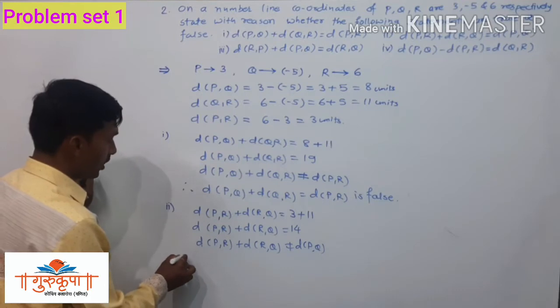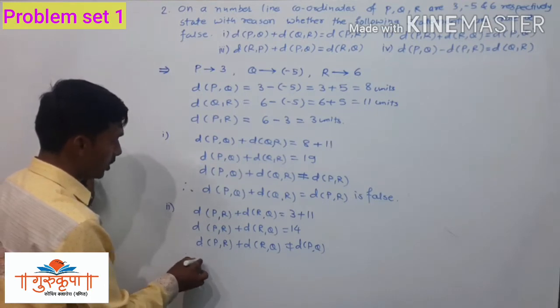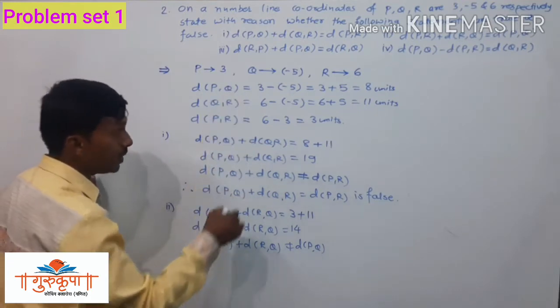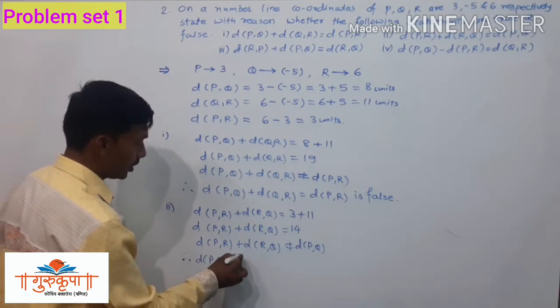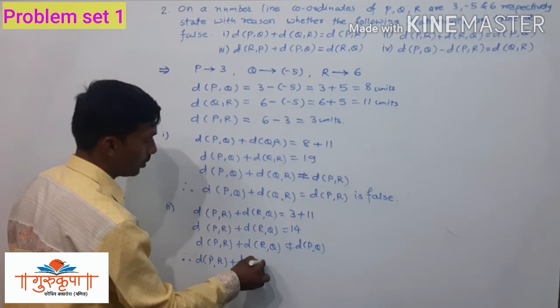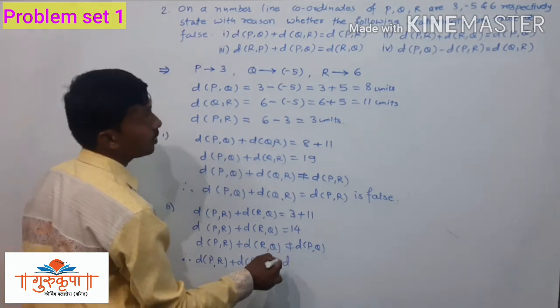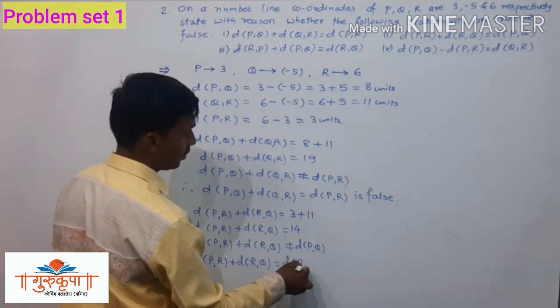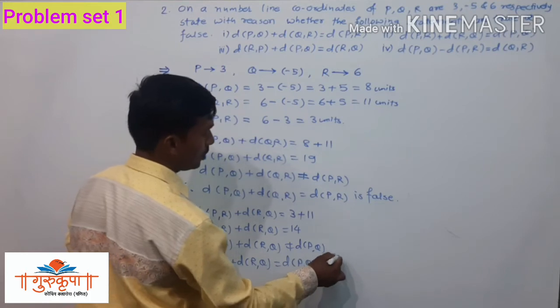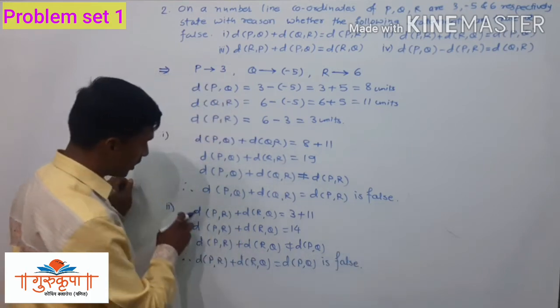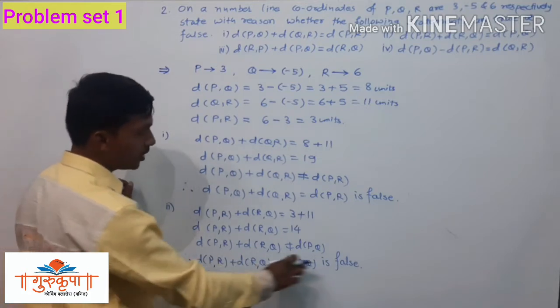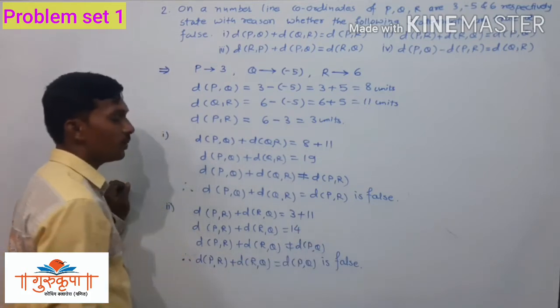So here we can write that the statement distance PR plus distance RQ is equal to distance PQ is false. And this is the reason behind this statement being false.